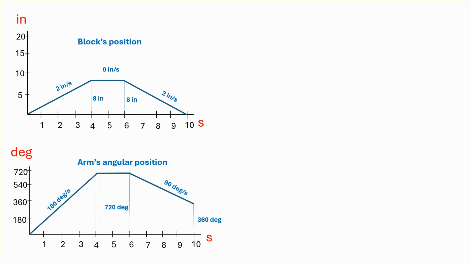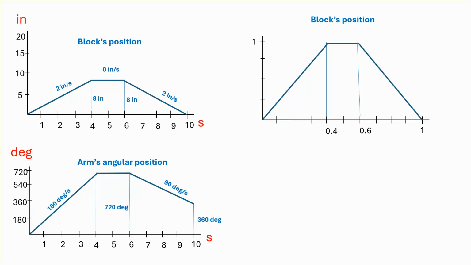Now, it is possible to use these as sketches, but the alternative is to kind of scale these or non-dimensionalize these so that the horizontal axis goes between 0 and 1 and the vertical axis also goes between 0 and 1. And this is exactly what I'm going to do.